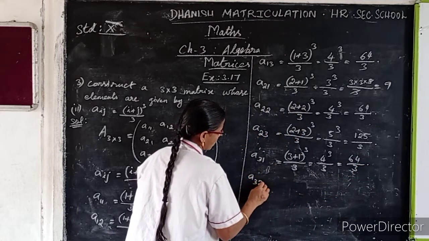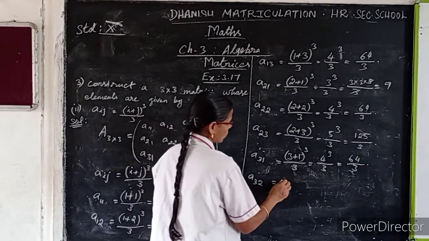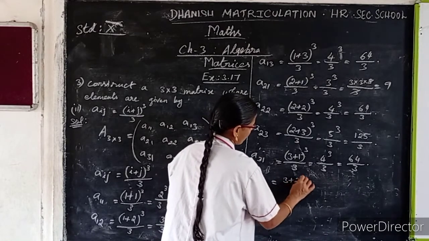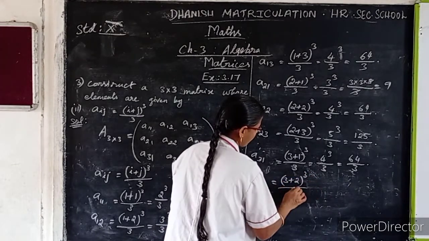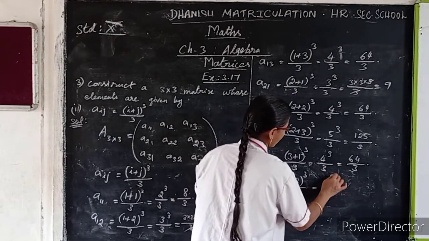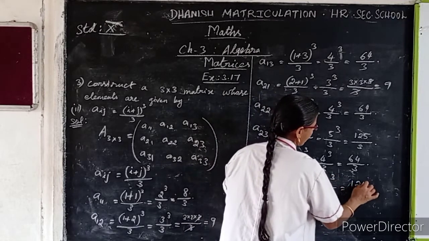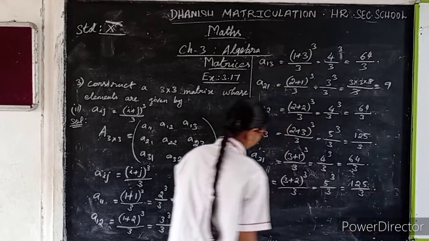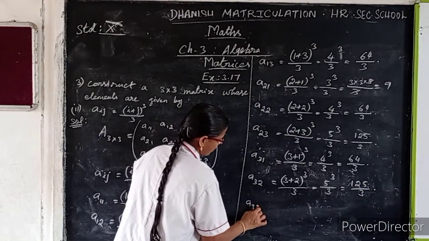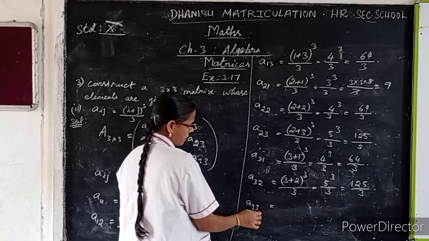A32. I is 3, j is 2. So 3 plus 2 the whole cube by 3 equal to 5 cube by 3 equal to 125 by 3. So A33 equal to, I is 3, j also 3.